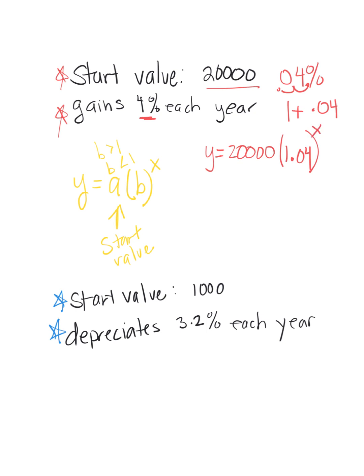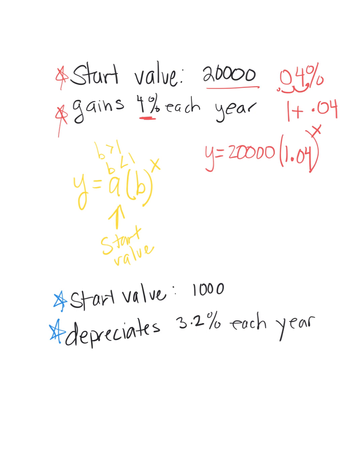And so that is our equation for having a start value of 20,000 and an increase of 4%. Our b value is greater than 1, and so that tells us it is an increase.